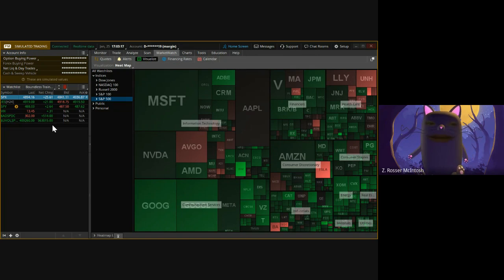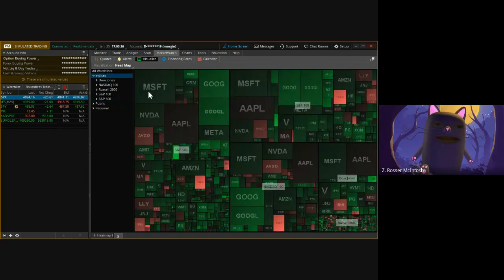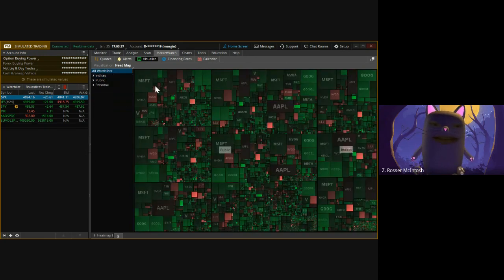So let's see what else. If you go to all watch lists, that's actually kind of wild. You can see everything, or go to indices. Click on all indices. I think it duplicates because it has S&P 500. But if you go to all watch lists, you can see how many things there actually are. Jeez.